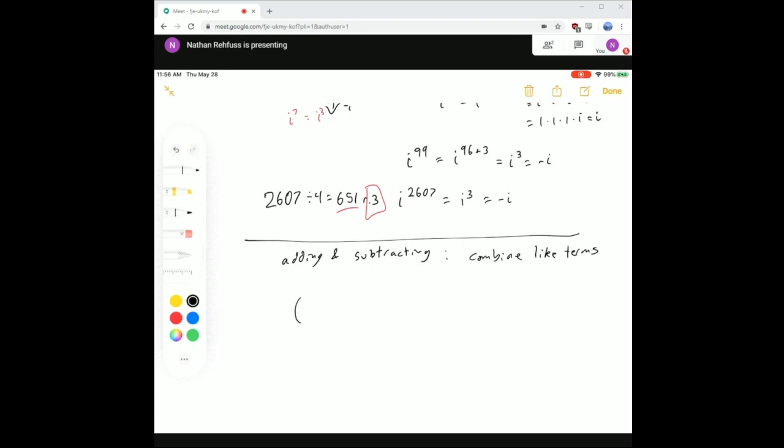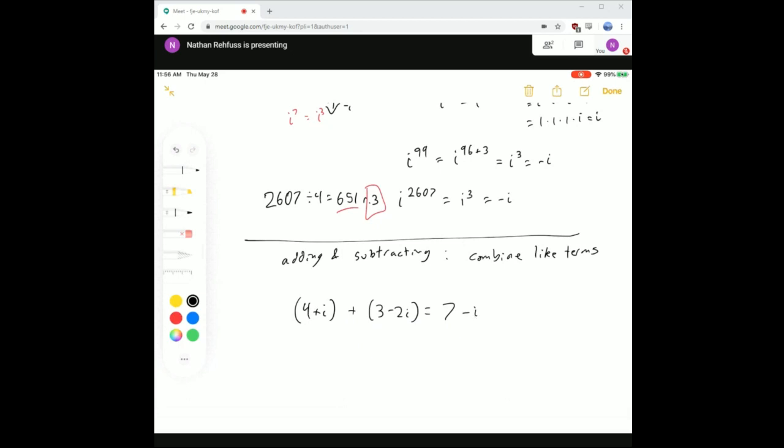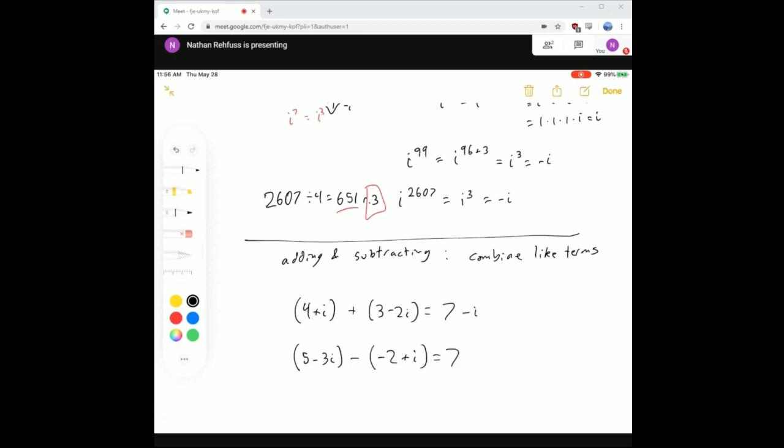So if I said, what's 4 plus i plus 3 minus 2i? You would say, well, that's 4 plus 3 is 7, and i minus 2i is negative i. So you could just drop the parentheses and combine like terms. Or if I said 5 minus 3i minus negative 2 plus i, well, 5 minus negative 2 is 7, and negative 3 minus 1 is negative 4.